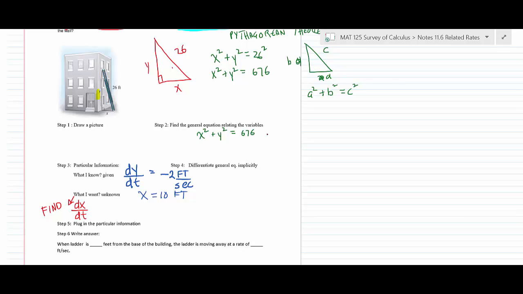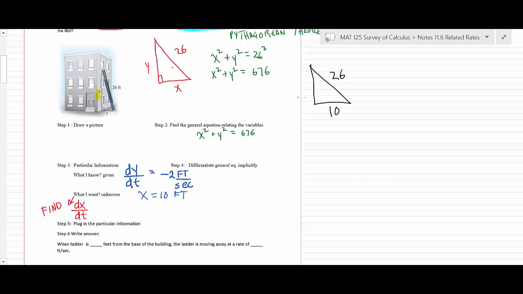So we've got everything that we need. We've got our equation, and then we've got this. Now there's one other thing that we're probably going to need, and that's the Pythagorean theorem. So I'm going to do this up here. We've got our general equation, but the ladder's always 26, right? That's not changing.